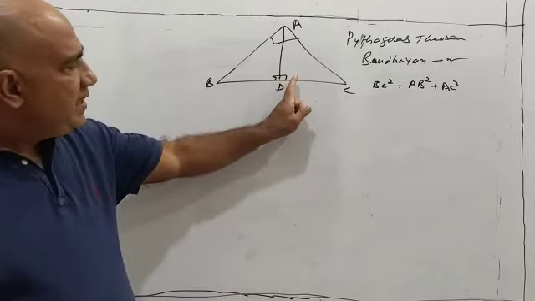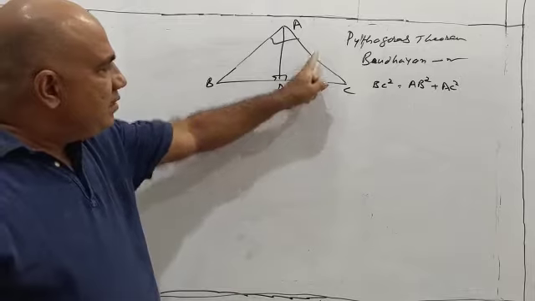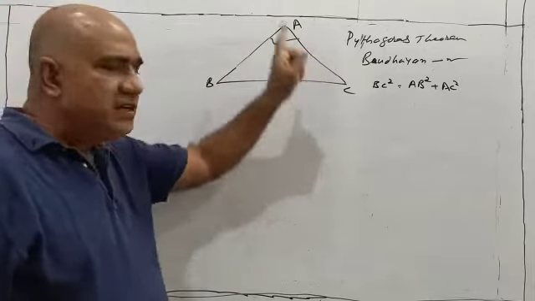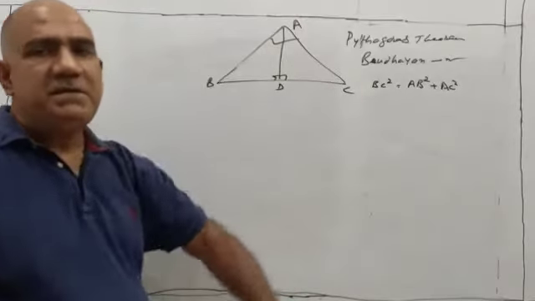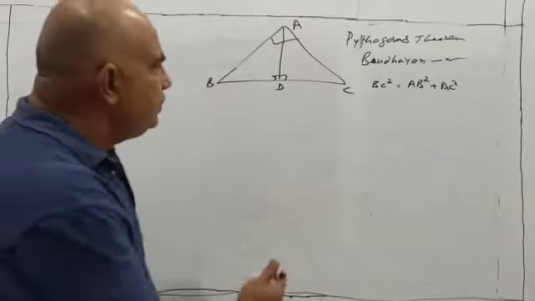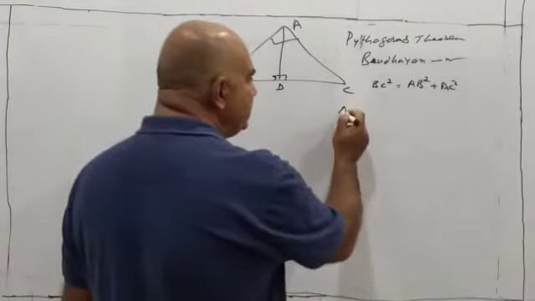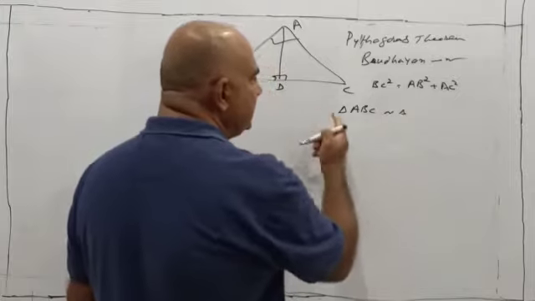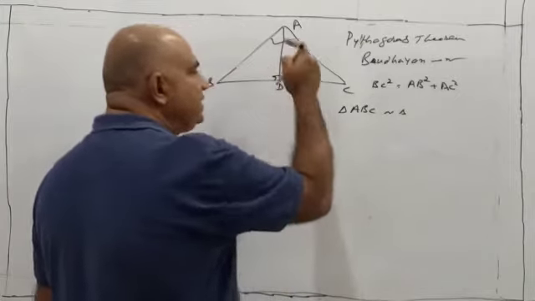Here separately we will make this triangle similar to the triangle ABC. See this triangle separately similar to the triangle ABC, and thereafter we will carry forward our proof. So let me write here triangle ABC, and I am declaring that this is similar to a triangle in this case.